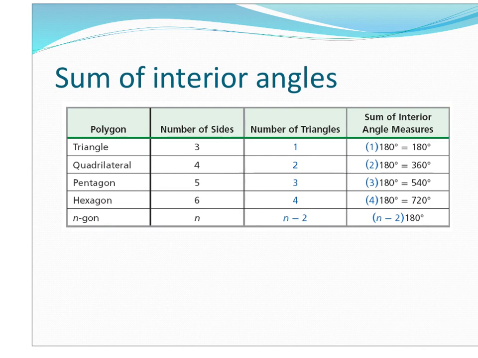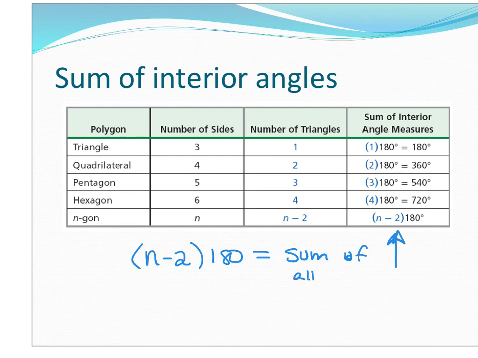All you need to do is memorize this formula. In this formula, n minus 2 times 180, this gives you the sum of all of the angles of the polygon, where n is going to be the number of sides in your polygon.